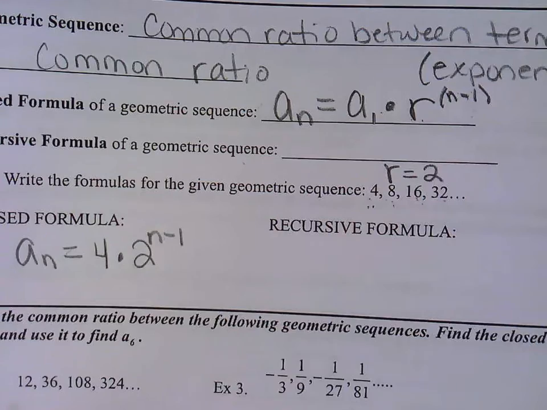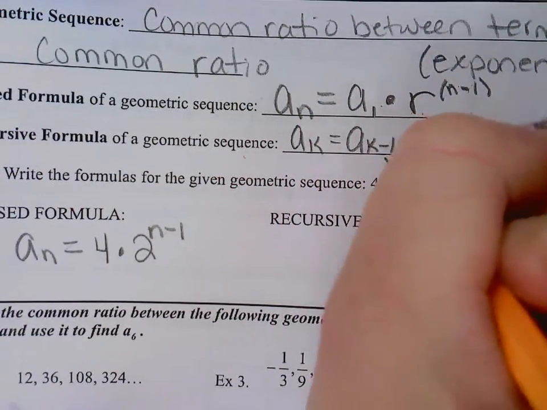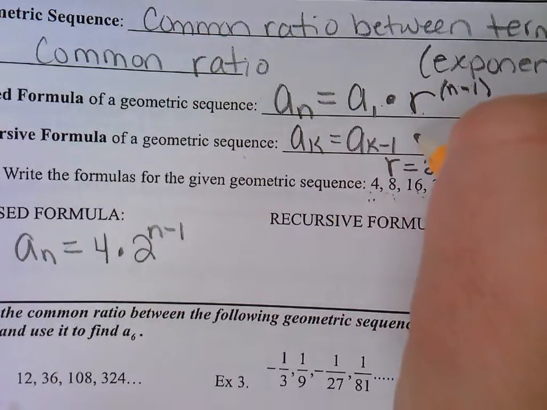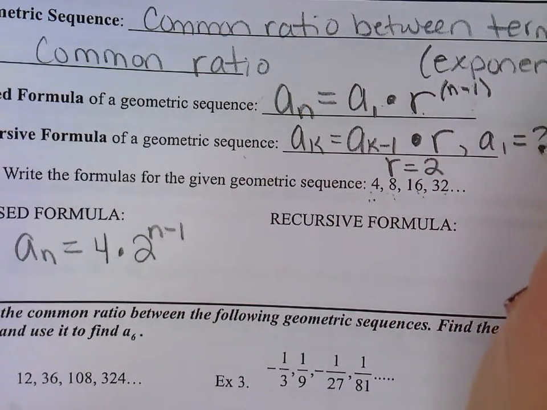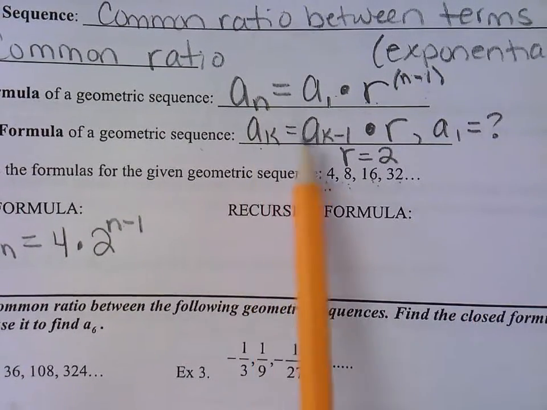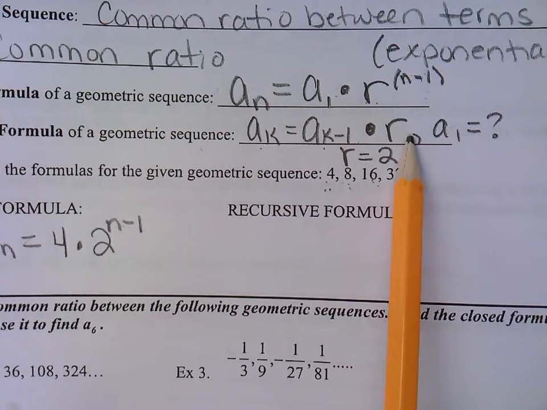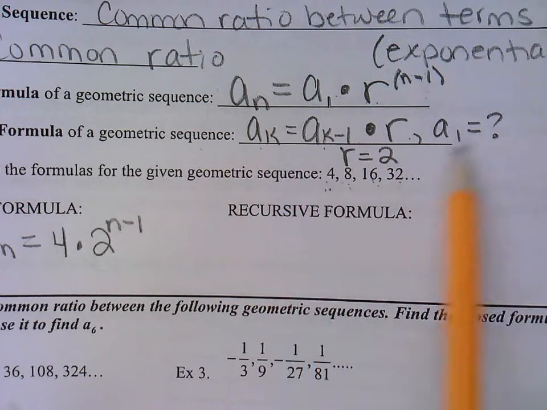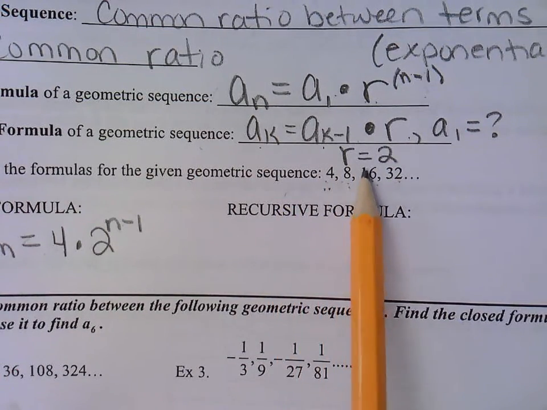And then recursively, a sub k equals a sub k minus 1 times the common ratio. And you just have to tell the person where to start. So to get to the term you want, take the term before it and multiply by the common ratio. But recursively, you have to multiply by 2, then multiply by 2 again, then multiply by 2 again.